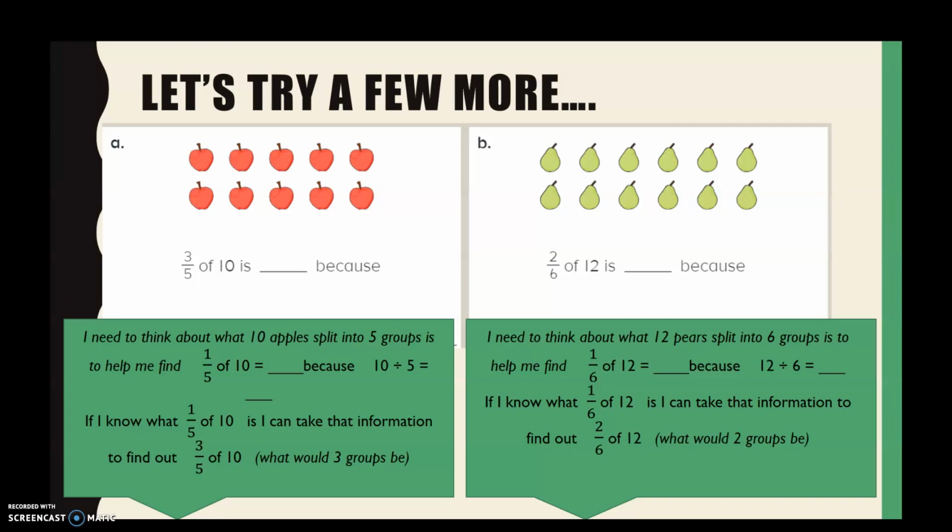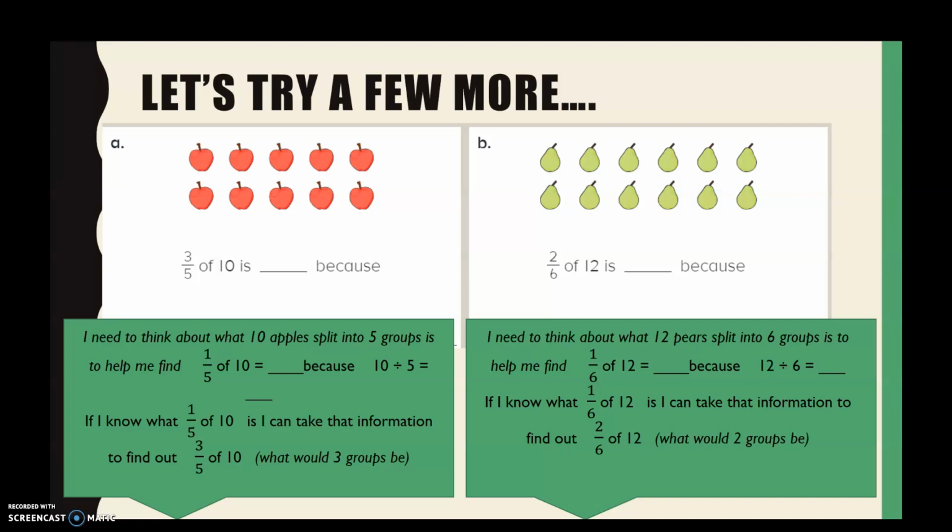And that reasoning, again, is going to be because you're taking your 10 and dividing it into 5 equal groups, because that was your denominator. Once you know what 1/5 of 10 is, take that information and multiply it to figure out 3/5, or circle 3 groups. And in our case here, we can multiply our answers. So if we know what 10 divided by 5 is, that gives us our 1/5, and then multiply it by 3.